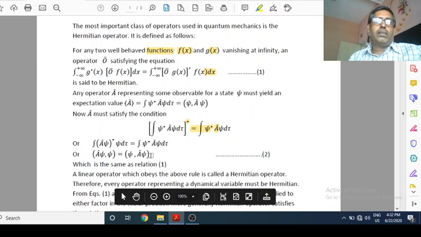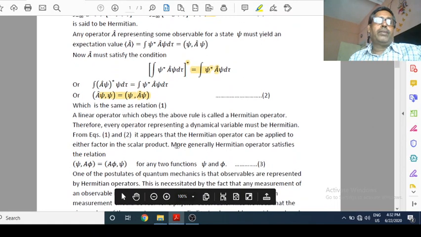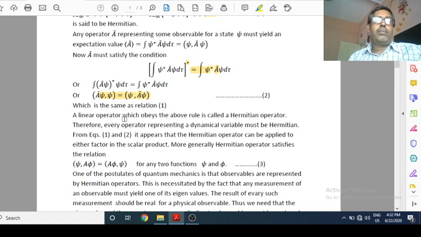You can see this equation and equation 1 represent the same thing. A linear operator which obeys the above rule is called a Hermitian operator. Therefore, every operator representing a dynamical variable must be Hermitian.